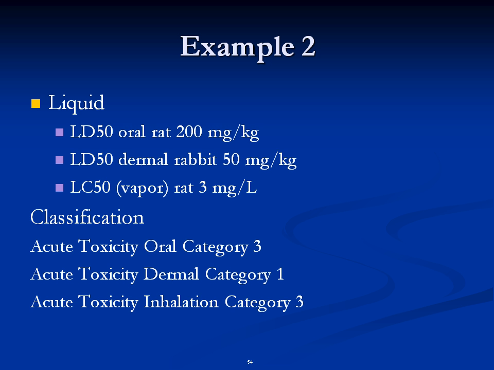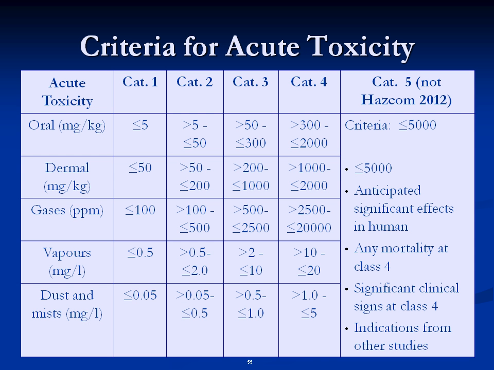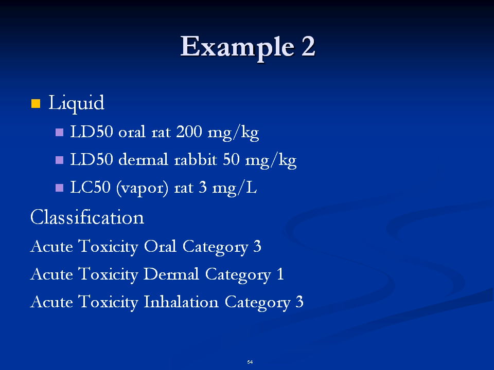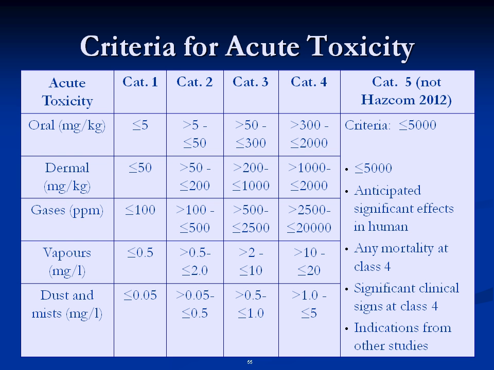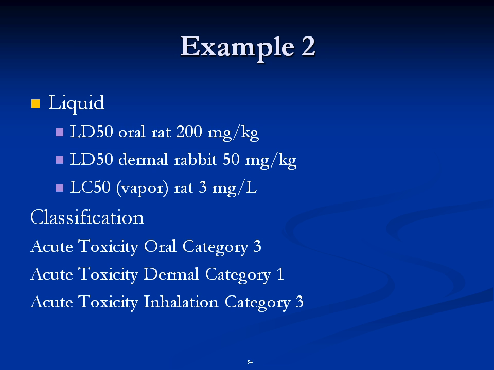And so we took that table that we saw before, which I have over here, and because we're looking at an oral LD50 of 200, I'd come over to the table and say, where does 200 fall? Oh, here we go. It's category 3. So I'm going to assign my classifications based on the information in the acute toxicity table. So I have acute toxicity oral category 3, dermal 1, and inhalation category 3 based on my data.